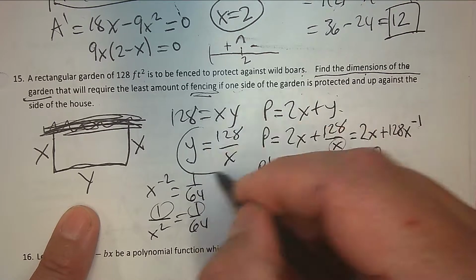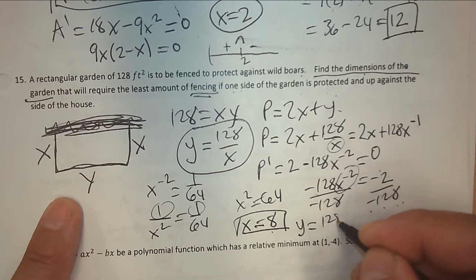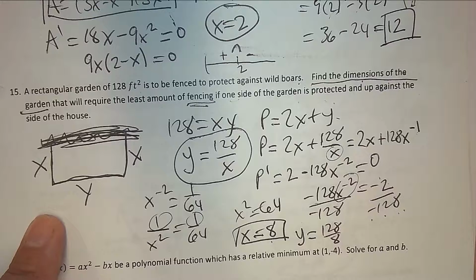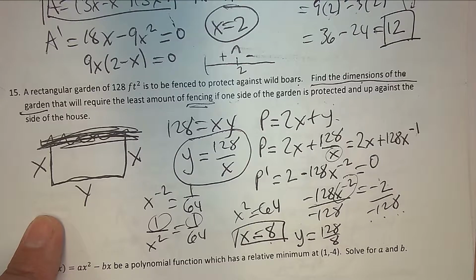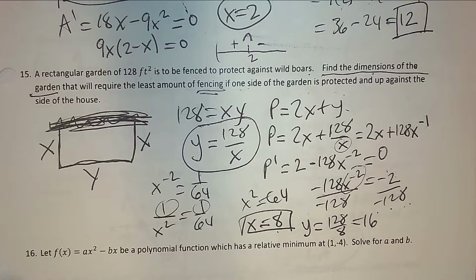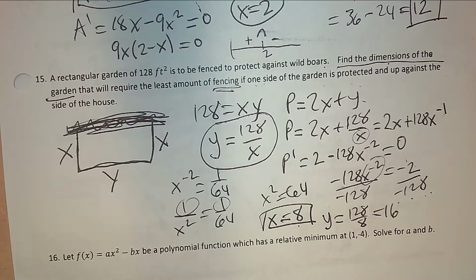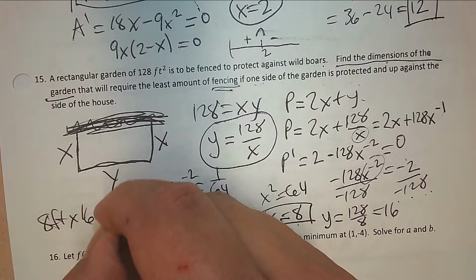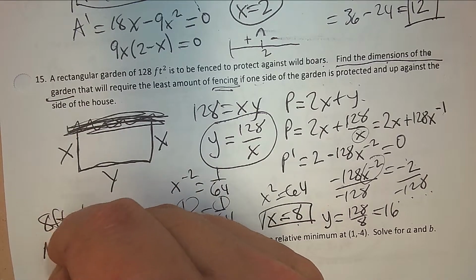This is what y equals. So 128 divided by 8, I think that goes in evenly. It does. 16. And there you go. So what are the dimensions of it? It's 8 feet by 16 feet to minimize the fencing.